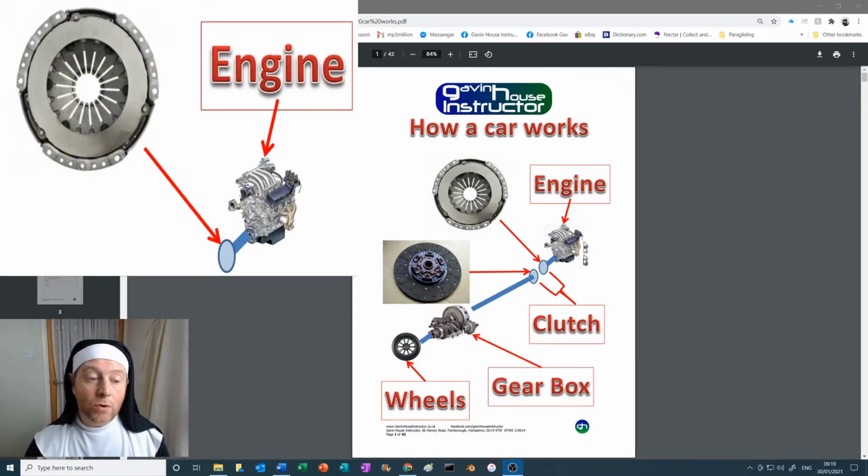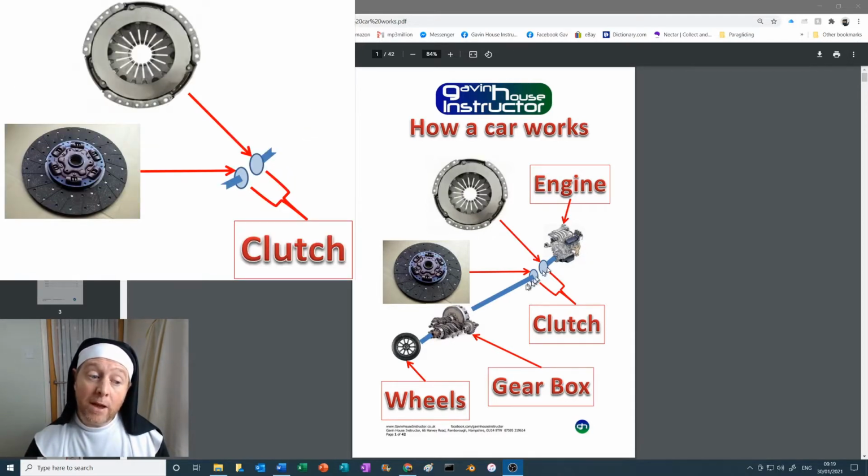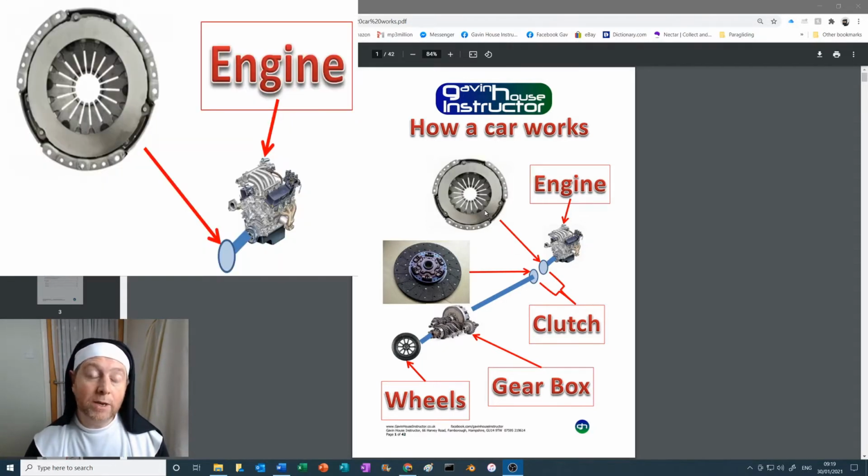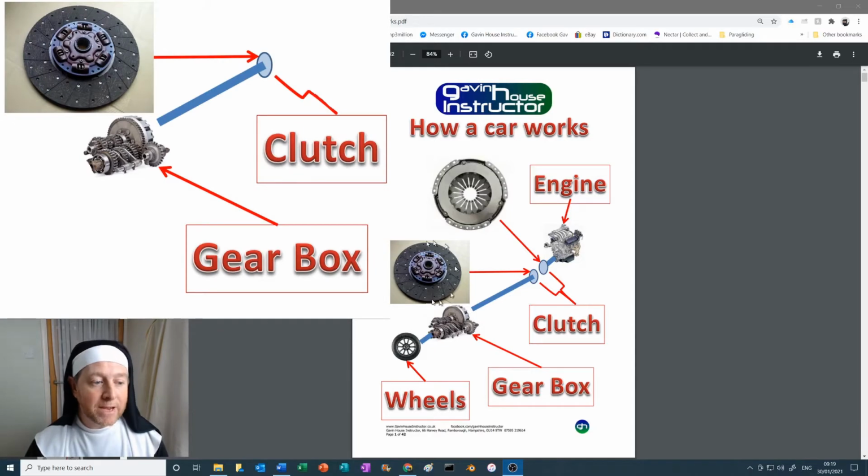And on an engine, what you've got is a big box that makes lots of banging noises and burns fuel, and it has another spinning disc that comes out of it. Together, those two parts make one clutch, but you have one individual part attached to each of the other components. So this part is connected to the engine and this part is connected to the gearbox.